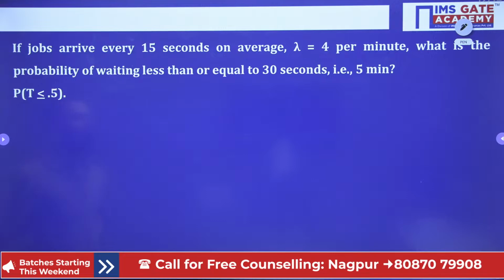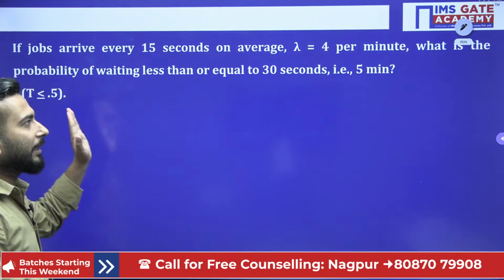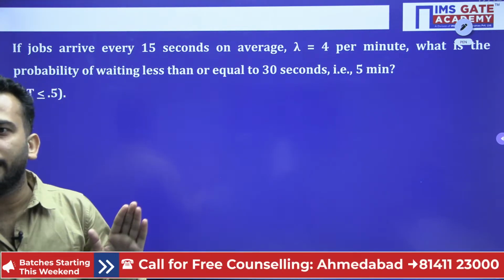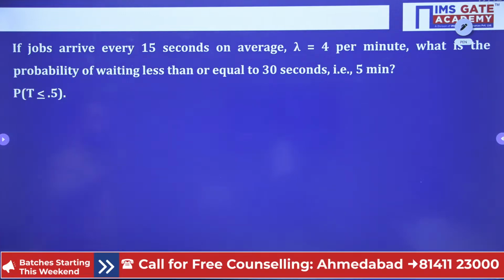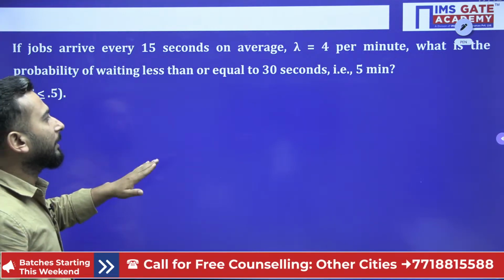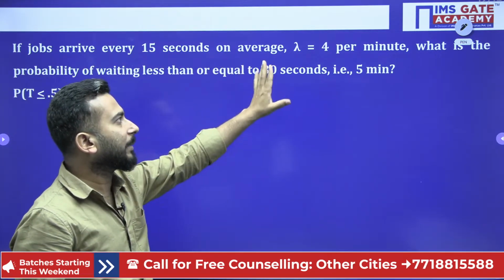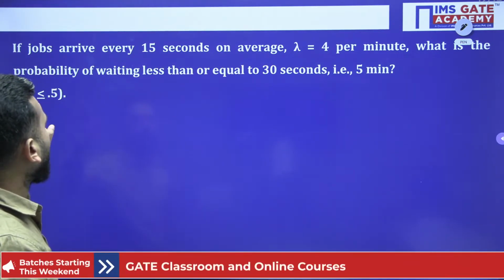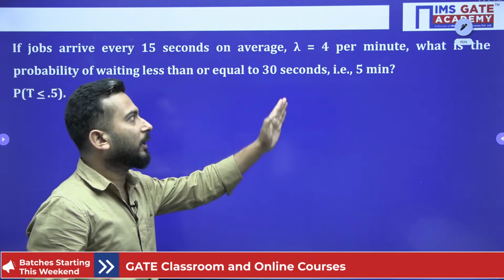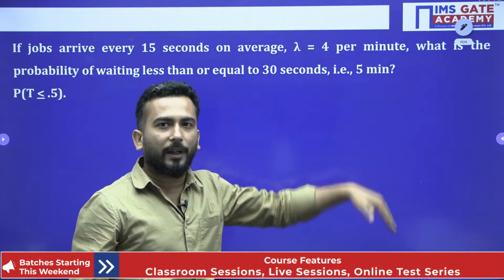My dear friends, similarly, many questions you will get based on this. So here also you can see if jobs arrive at every 15 seconds, that is lambda is 4 per minute, what is the probability of waiting less than or equal to 30 seconds, that is 0.5 minutes.